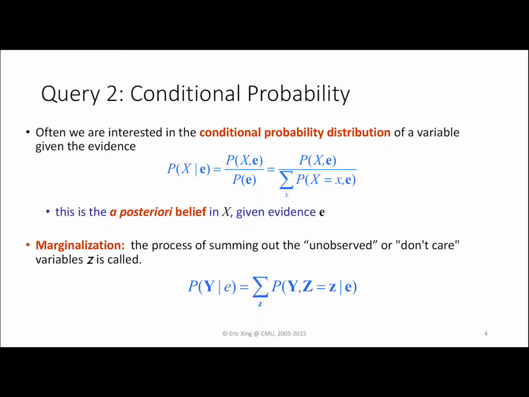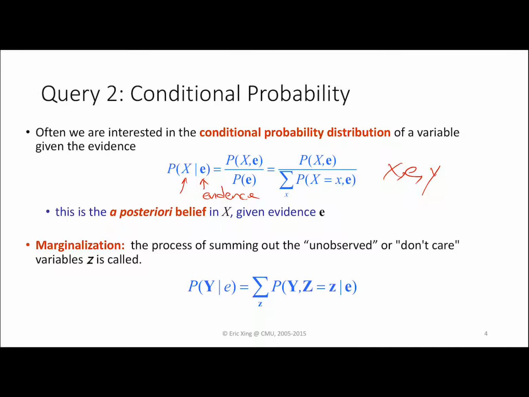Another common query or question that you can ask from your model is computing the conditional probability, the conditional likelihood. Let's say that I have some evidence, some observation, and you have a model that has a joint distribution of x, e, and perhaps others, maybe y. And you want to compute the probability of y given your evidence.